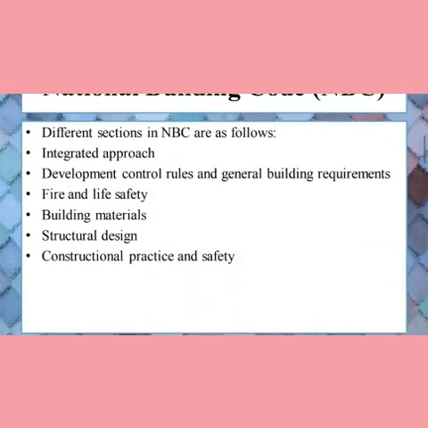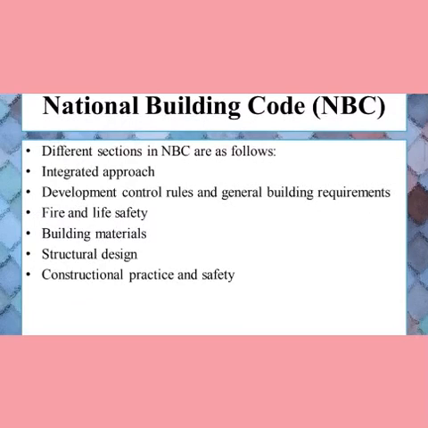The National Building Code has different sections, meaning the integrated approach, development control rules and general building requirements. Assume there is a book with different chapters in it: integrated approach is the first chapter, the second chapter is development control rules.